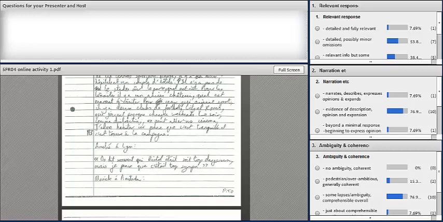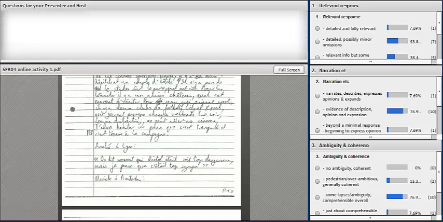So the examiner is looking for a number of things and weighing them up all together. And it's what's known as the best fit procedure. In other words, look at which box in the marks grid seems to convey the overall flavour of this piece of work, and then within that, where does it sit?